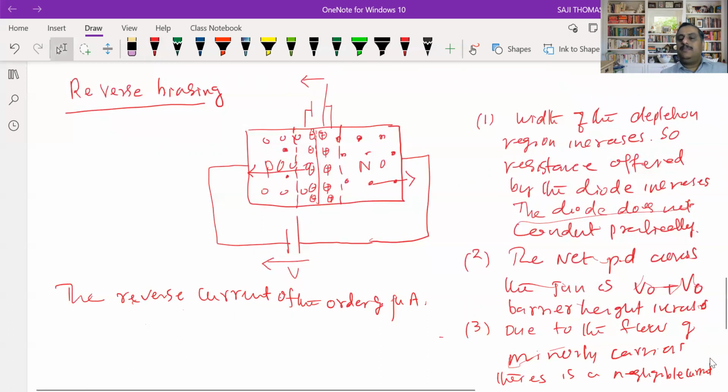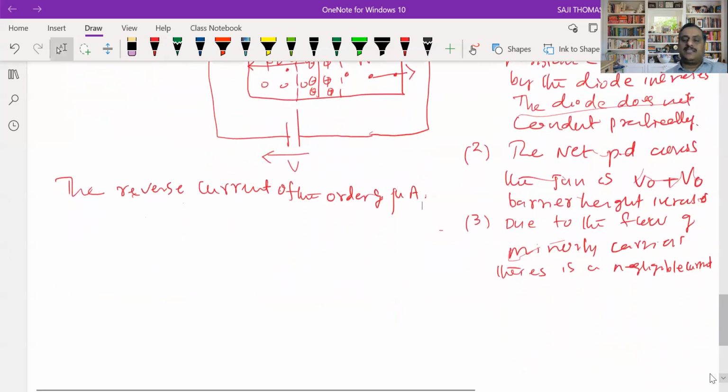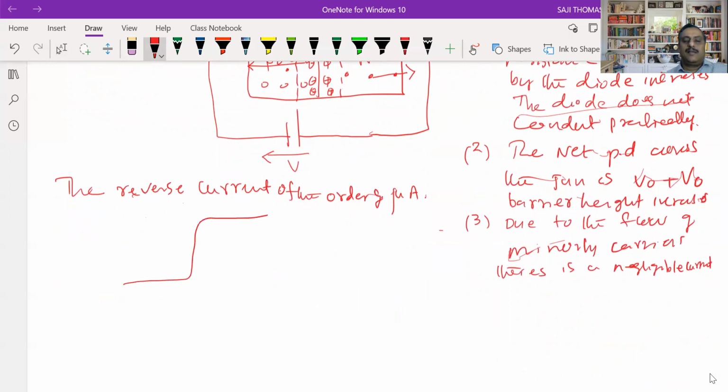Then we can represent the barrier height. So here, due to reverse biasing, barrier height increases. See, this is the barrier height, junction potential V0 without bias.